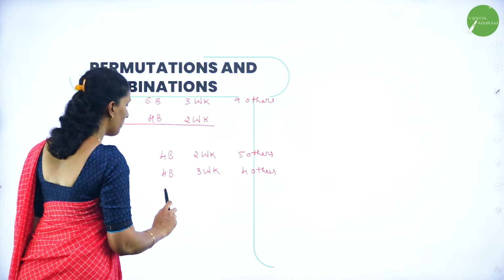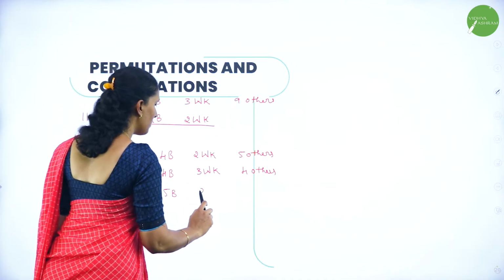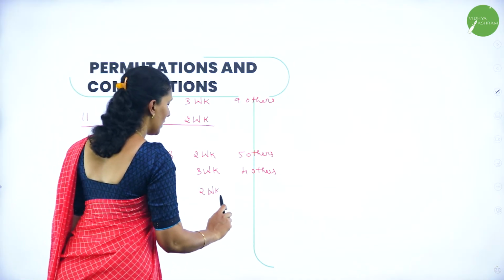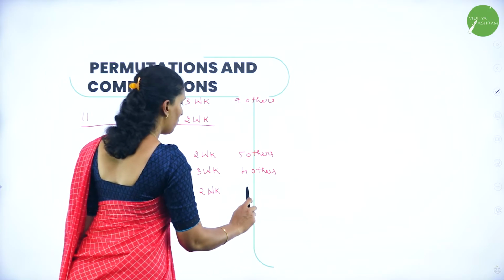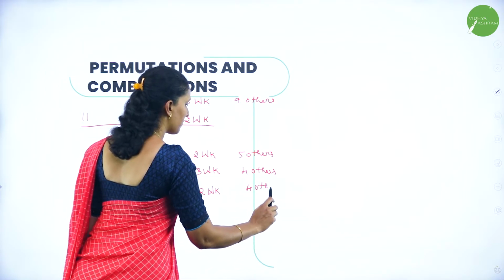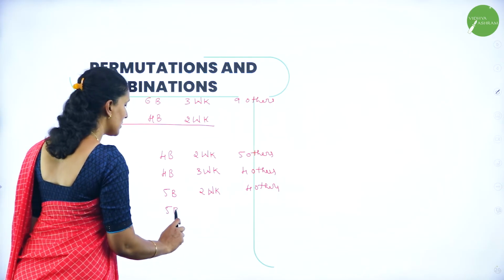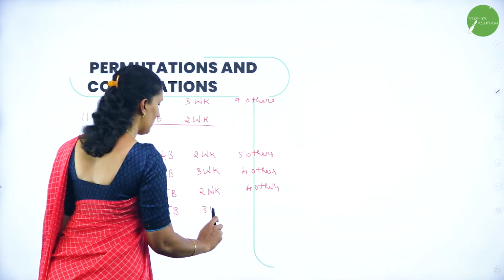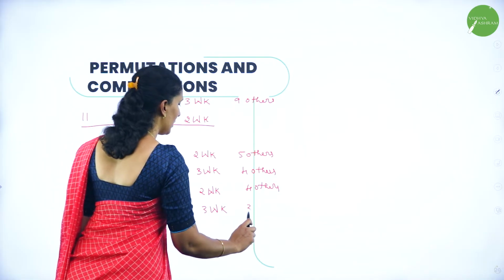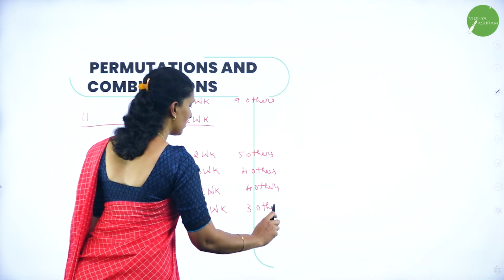If I have chosen 5 bowlers, then minimum 2 wicket keepers. Then here I have 4 others. And here if I have taken 5 bowlers and then here 3 wicket keepers, here I will get 3 others.